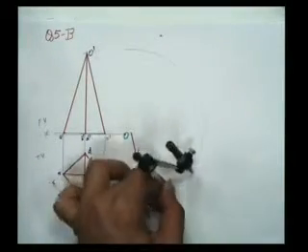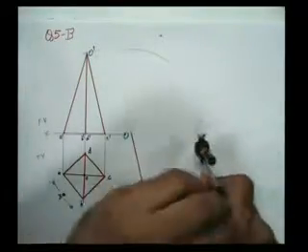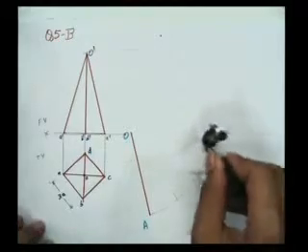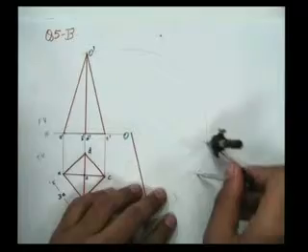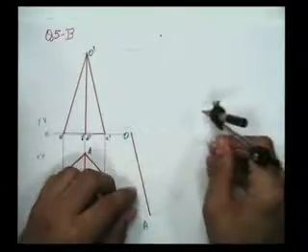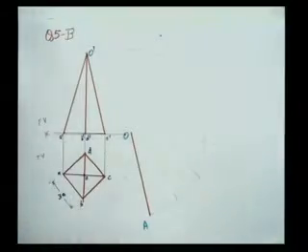How many arcs do I need to cut? I need to cut 4 arcs. Why 4 arcs? Because a pyramid has four surfaces. So I'll need to cut 4 arcs. And now I will join the final arcs.